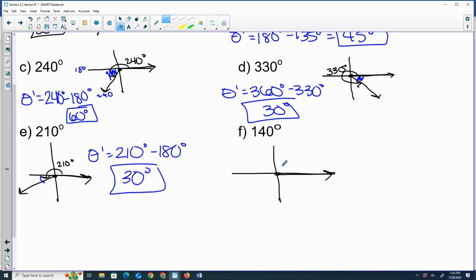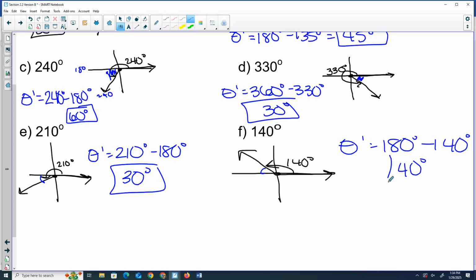And 140, what quadrant is that in? This is 140. Distance to the x-axis. We just do 180 minus 140. And we get 40. So it's just a matter of subtracting, involving 180s or 360s, because you're measuring distance to the x-axis.